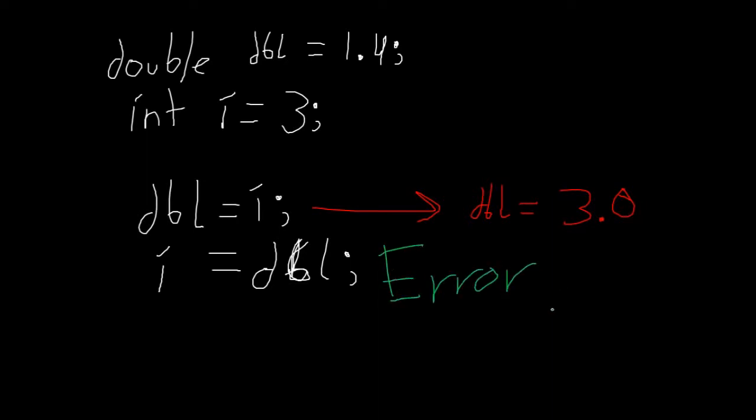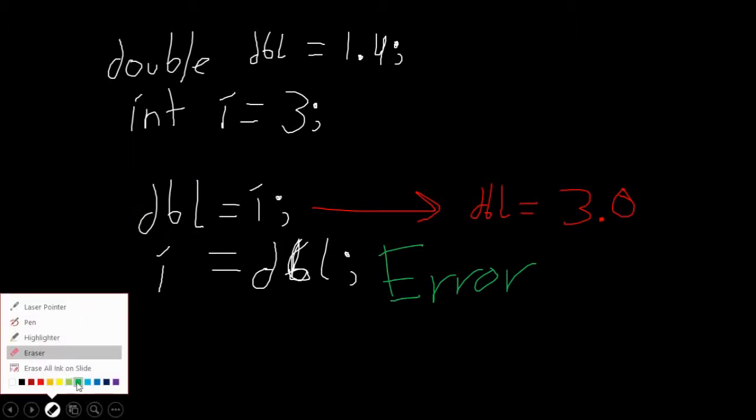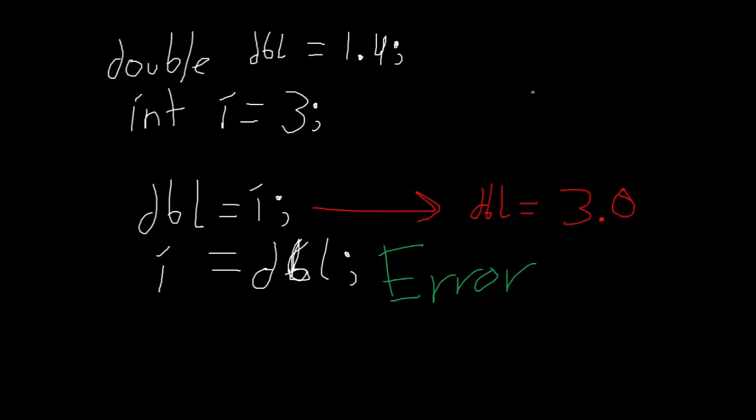The error is that double is so much larger than int, which might sound a little weird because, well, aren't they equal? I mean, we did set them equal to each other, or at least we gave I the double's value, so it is equal to it, but it's actually represented in a larger size. You see, in memory, and I'm going to be very brief with this one, an integer takes up 32 bits.